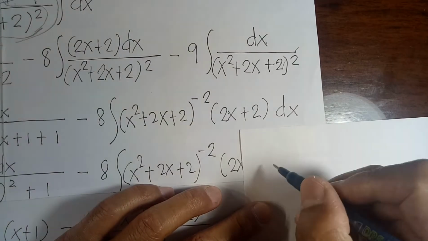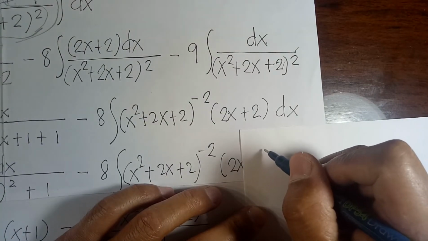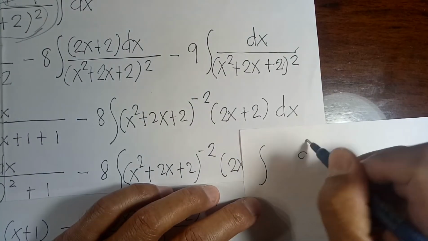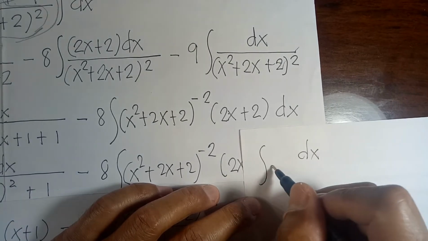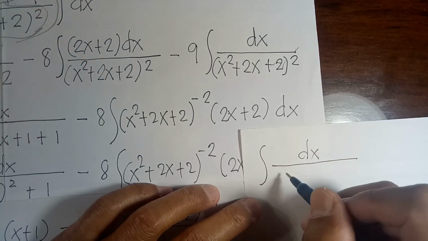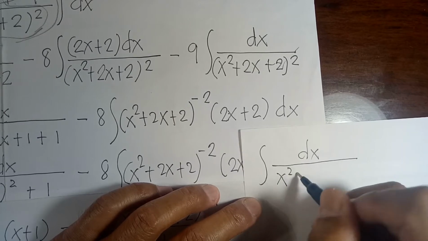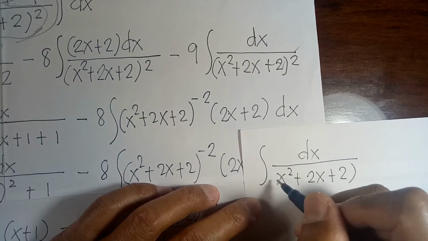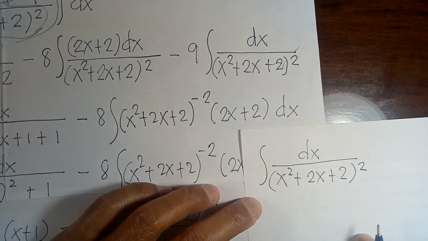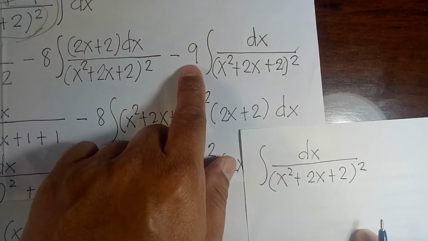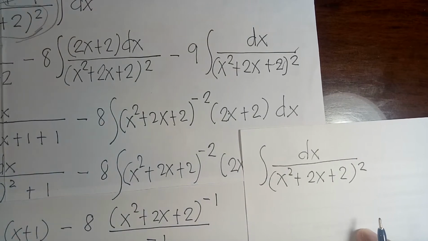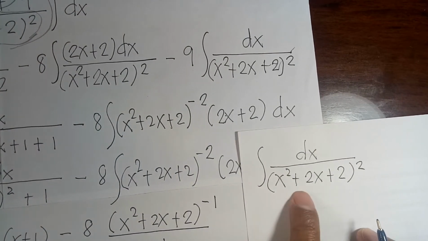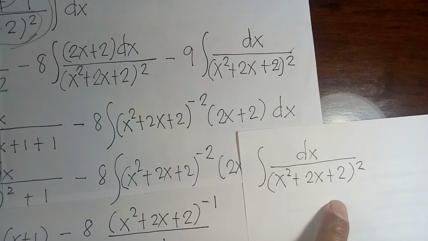So, i-rewrite natin. Meron tayong integral of dx divided by x squared plus 2x plus 2 squared. So, yung negative 9 din muna natin sasama, no? Saka na lang natin multiply doon sa result ng integration nito.